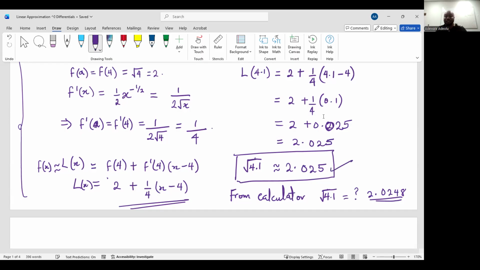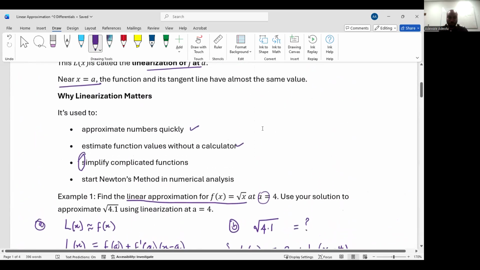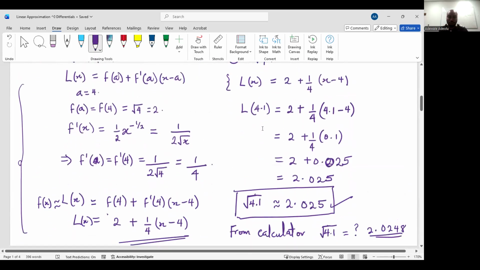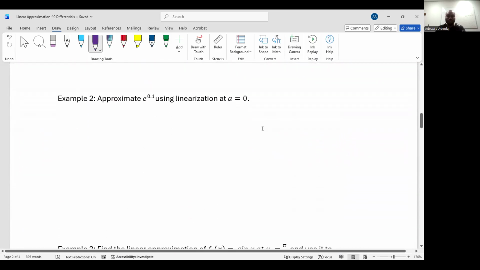Look at what we have from the linear function that we used to approximate our square root function. So that is the beauty of calculus. You can see it helps us to find a solution to the square root of 4.1.